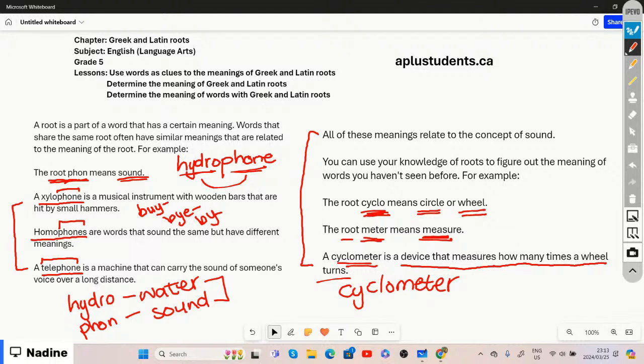So we have basically words that share the specific root, and then they can have similar meanings that are related to the meaning of that root, right? And then we made a few examples of root words. And then we also said you can join two root words, and then it basically creates a meaning based on the two root words that has been joined, right?